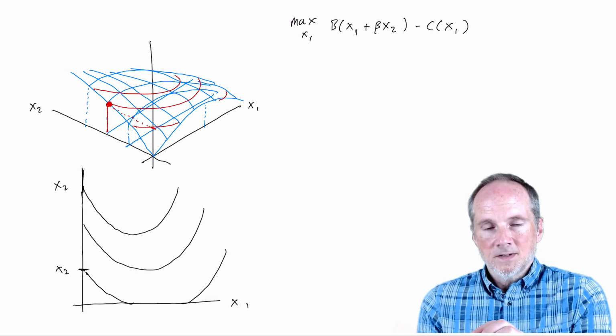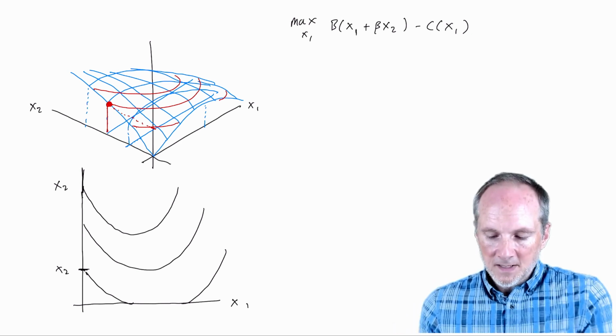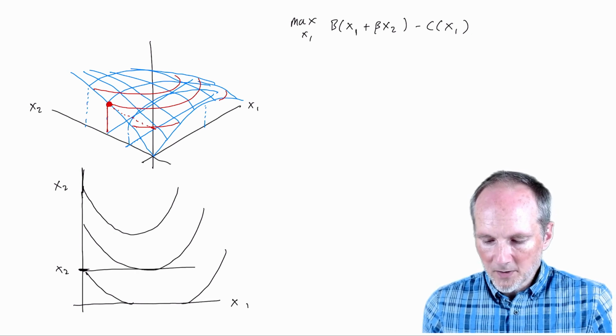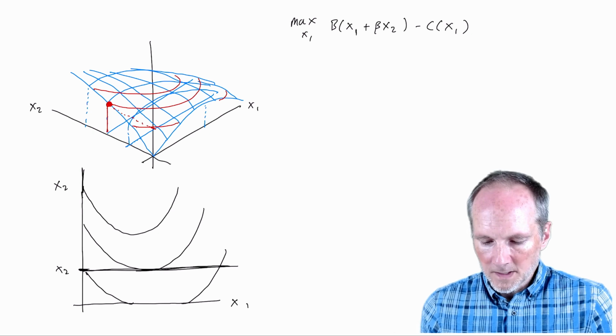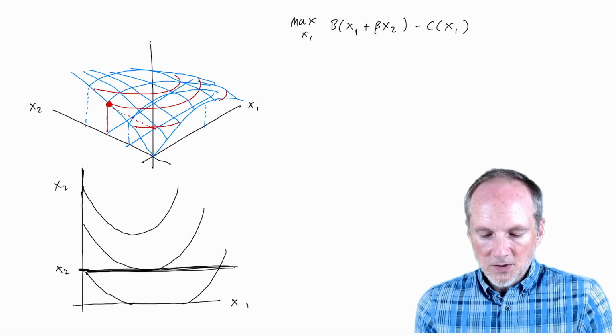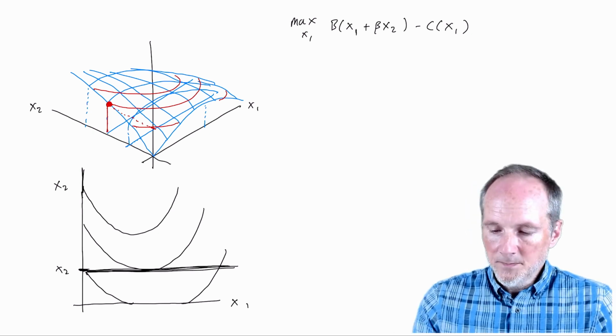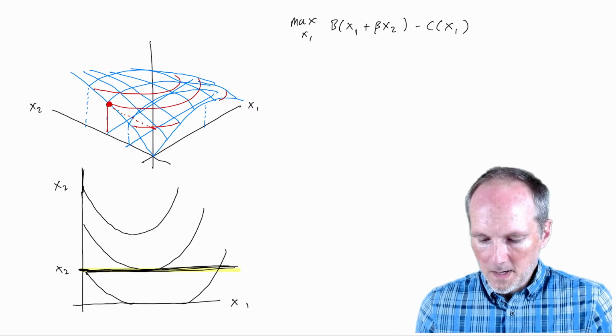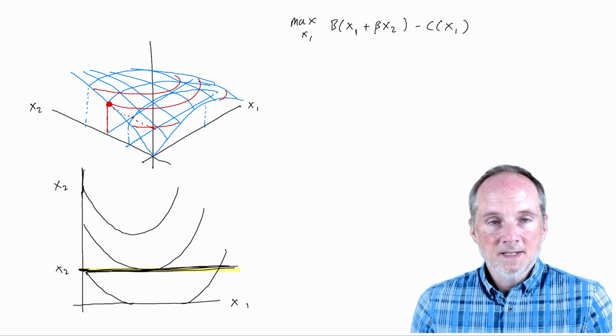They're taking x2 as given. They can't affect that, but they can choose x1. They can choose 0 or make it bigger. So essentially, they can choose anything on this bold line here, and they're going to choose the best thing they can.